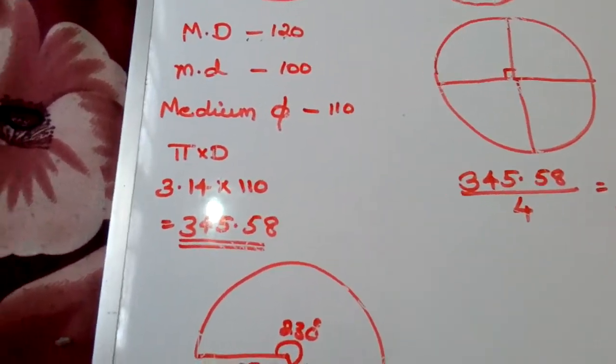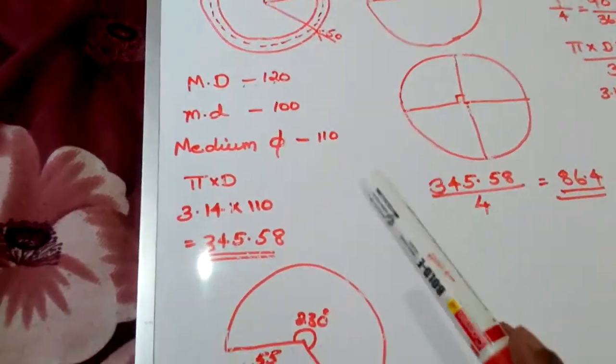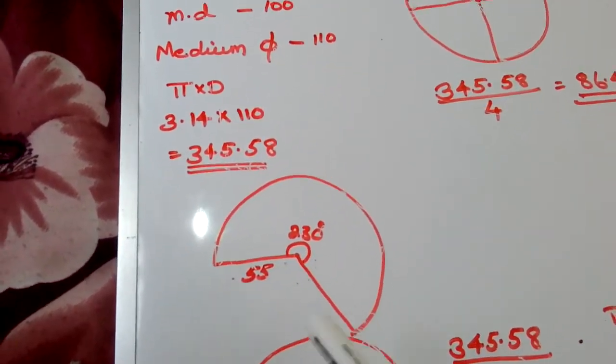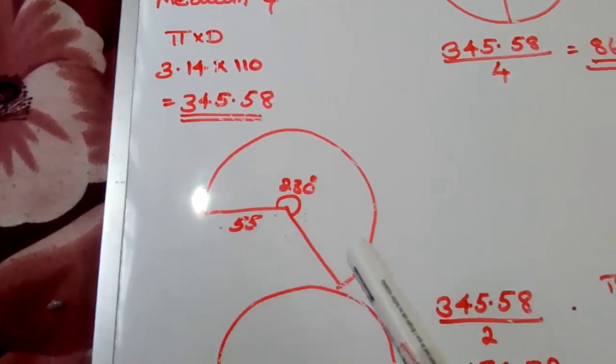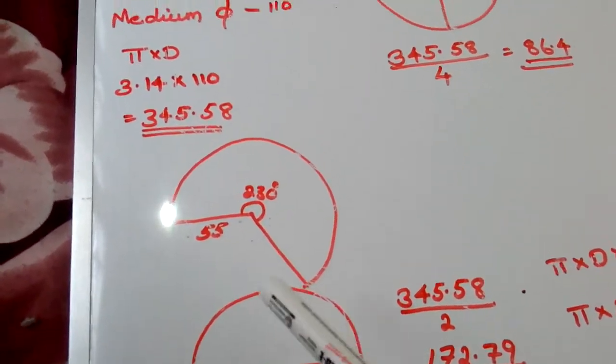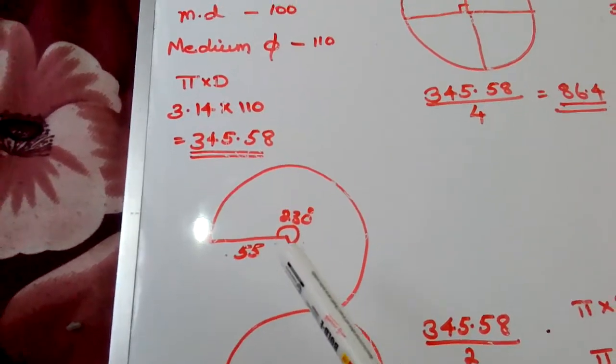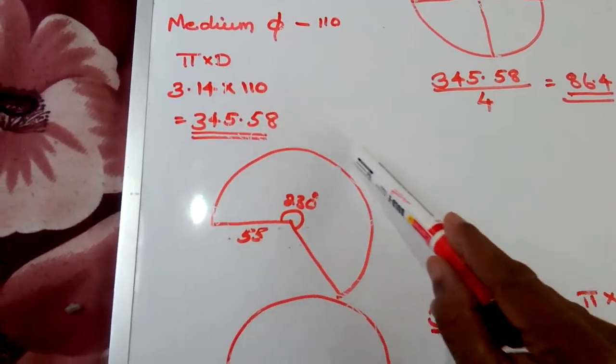But always we can't use full rounds. Sometimes we may have to make a half round or quarter round or some rounds having certain degrees. Now just check. It is having a degree of 230. There is no need for us to make one full round.